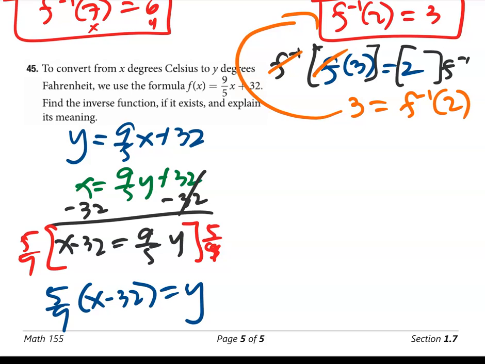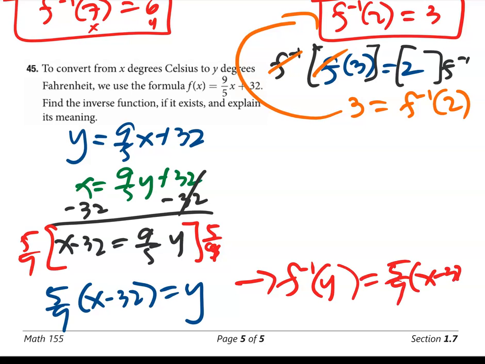So meaning the f inverse of x is equal to 5/9 times x minus 32. Explain its meaning.